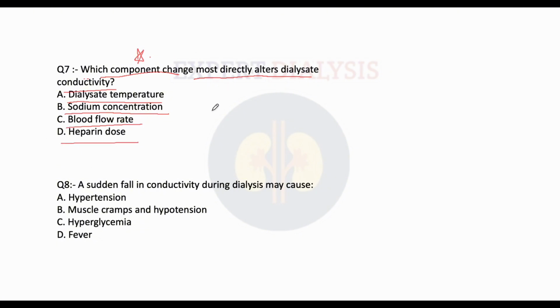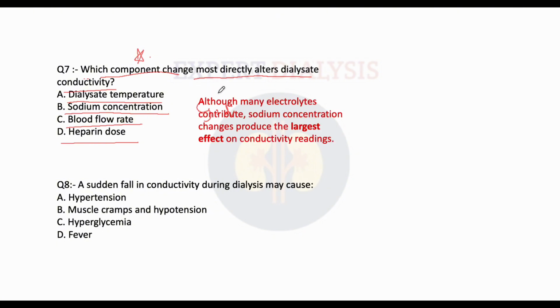We previously also talked that sodium concentration directly changes the overall conductivity. So the answer will be B. Although many electrolytes contribute, sodium concentration changes produce the largest effect on conductivity reading.